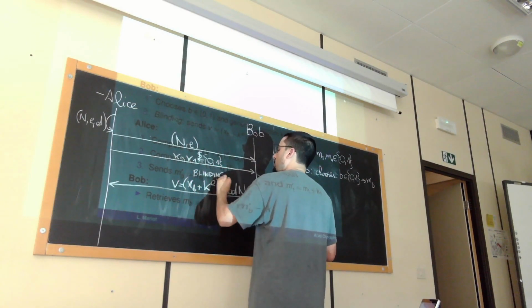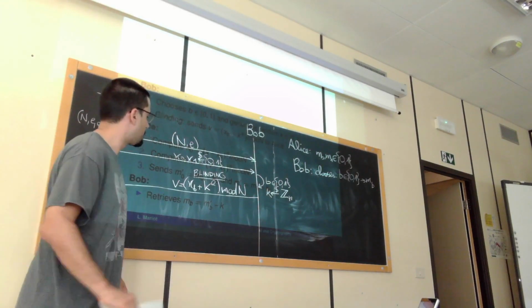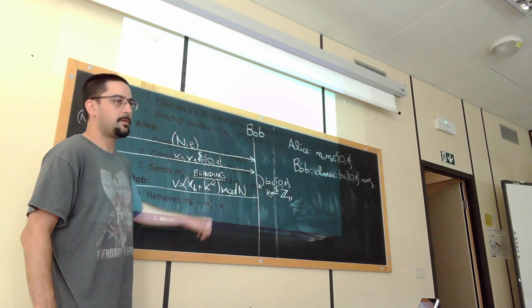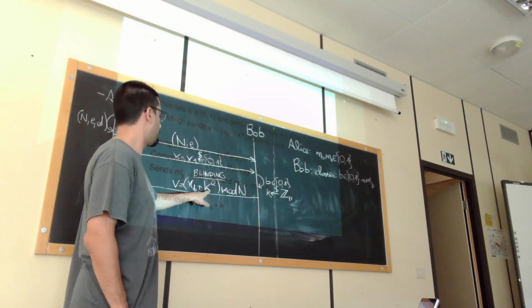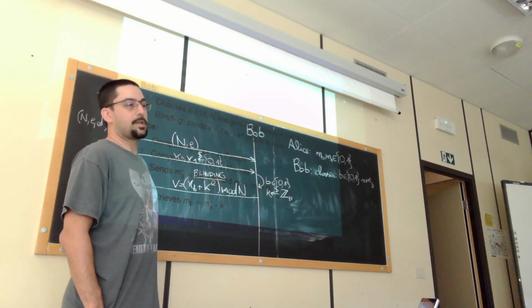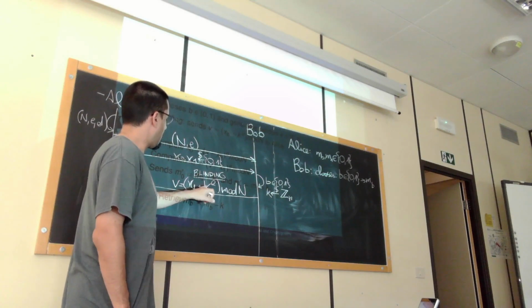Why? Well, basically because what Bob is doing is to first encode or encrypt K, the random message that he chose to send to Alice, using the encryption exponent of Alice. Okay, and then he also adds what?